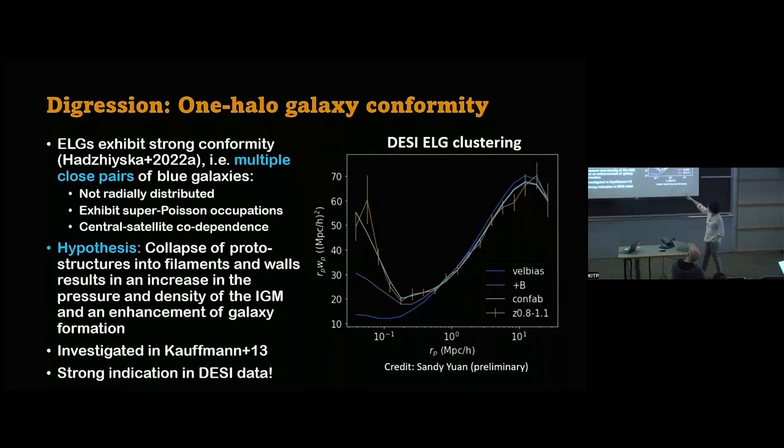Three main results I'm going to highlight here are that blue galaxies are not radially distributed within the halo, they exhibit superposed occupations, and there is a codependence between the centrals and satellites. And the hypothesis is that the collapse of porous structures into filaments and walls will result in an increase in the pressure, and hence an increase in galaxy formation.